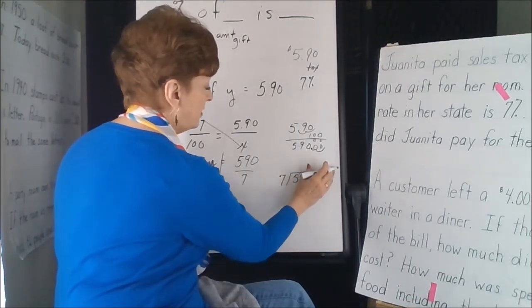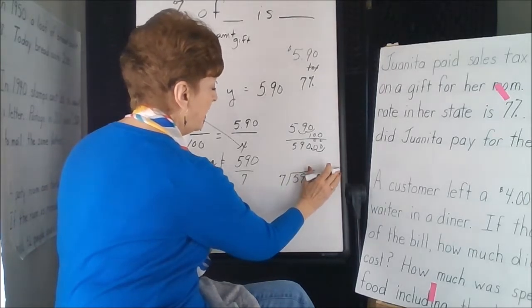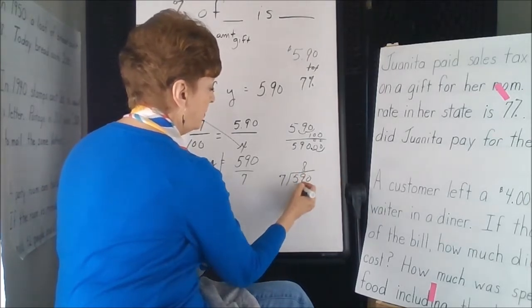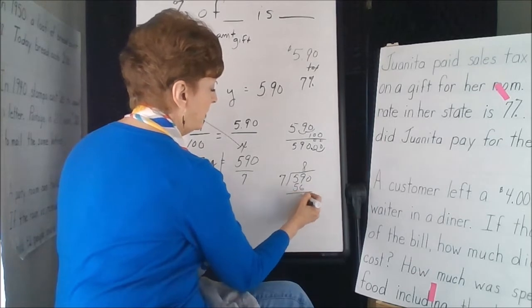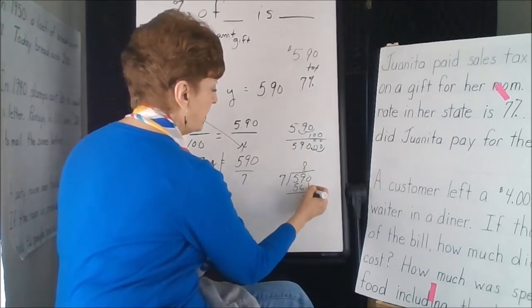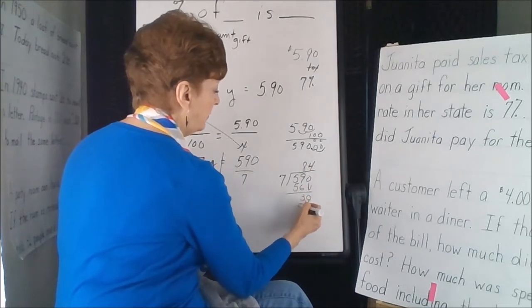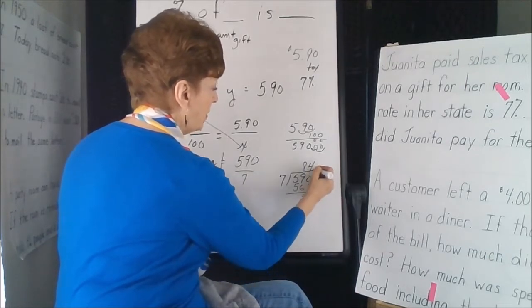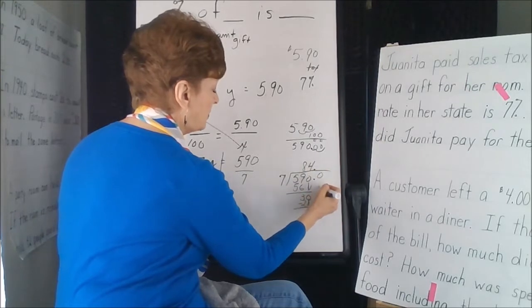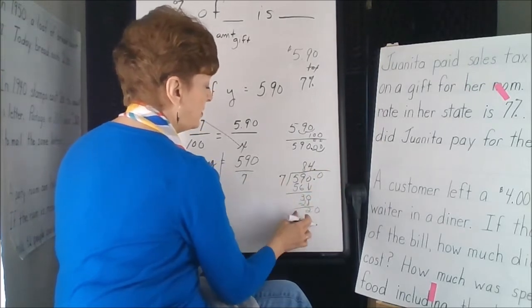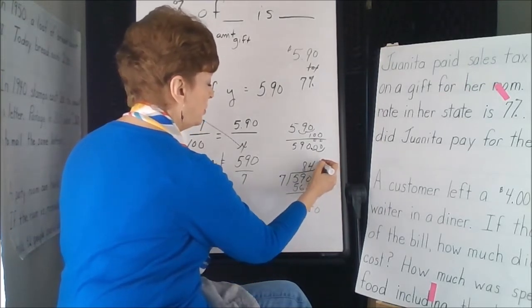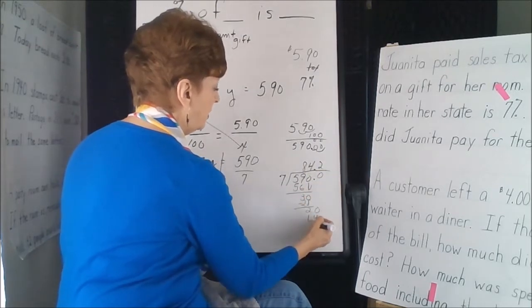Okay, 7 goes into 5, it does not. Into 59, 8 times. We can get a 56 out of it. The remainder of 3, bring down the 4 for 28. This is where we need a decimal point because we're going to put some zeros on it. 7 goes into 20 twice, that's 14.